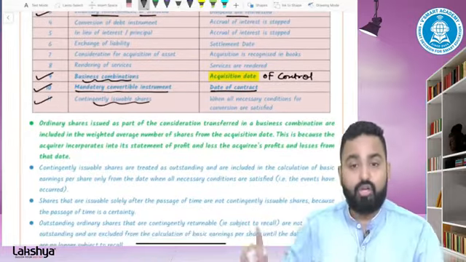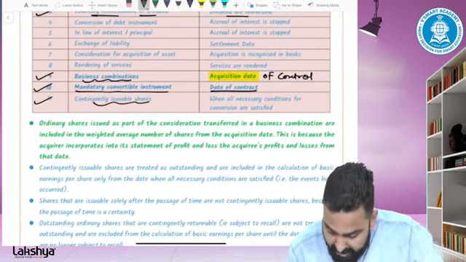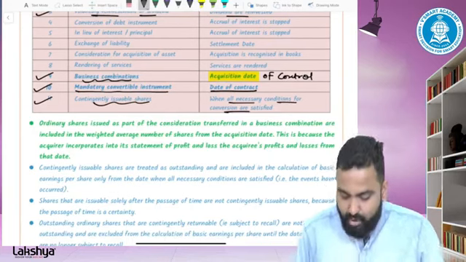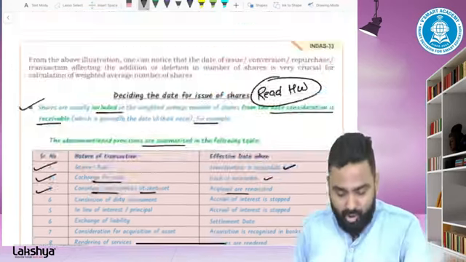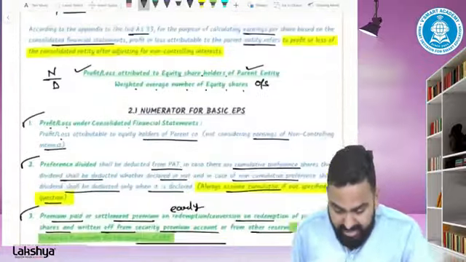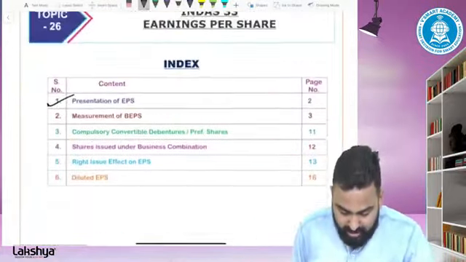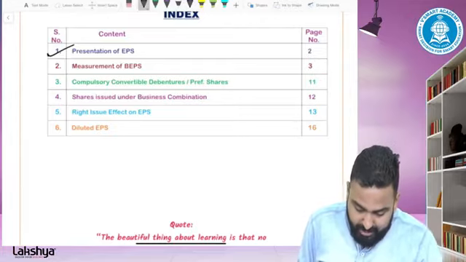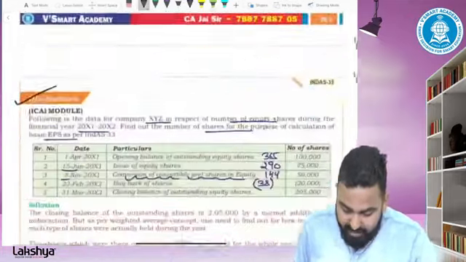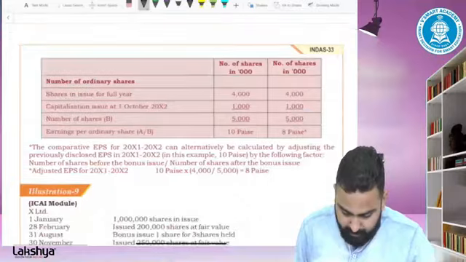Contingently issuable shares. When all the necessary conditions for conversion are satisfied. Again, for contingently issuable shares, we have a separate paragraph.